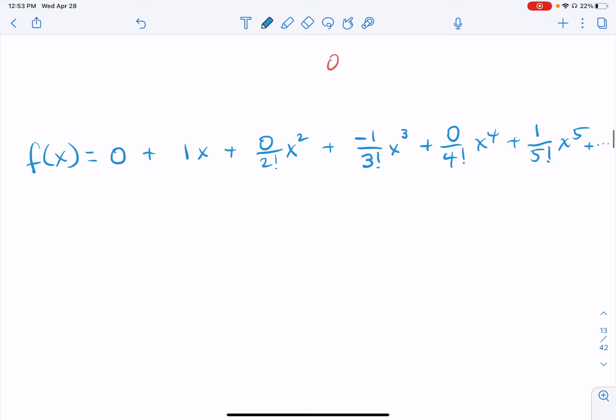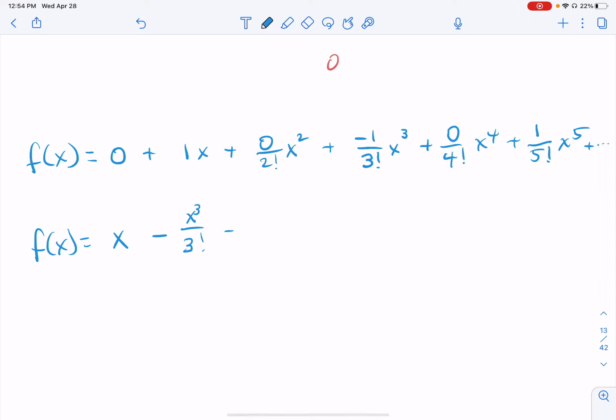So let's simplify this a little bit by getting rid of all the 0 terms. F of x is equal to, starts off with an x, there's no x squared term, minus x cubed over 3 factorial. Okay, and there's no x to the fourth.